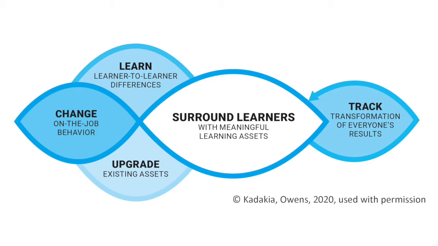But with a learning cluster, we specifically require that we have to design multiple learning assets, not just if we have time this time or feel like creating a job aid, but every time we're designing all of those things together as a whole. So those are the 4 principles.